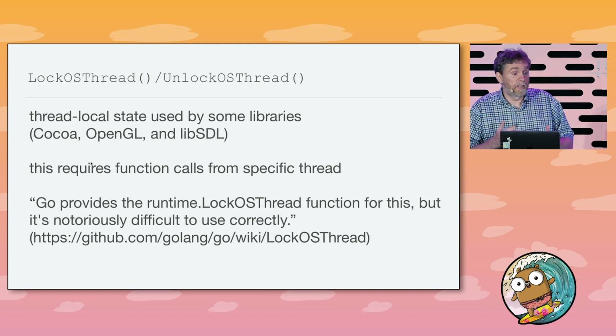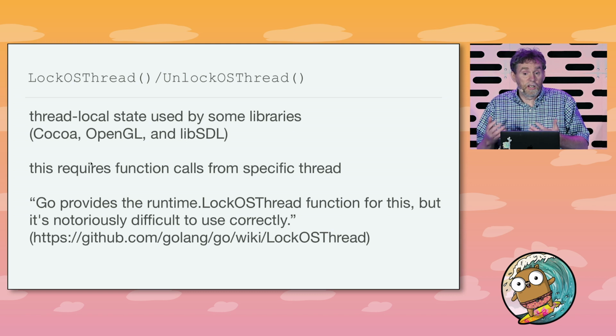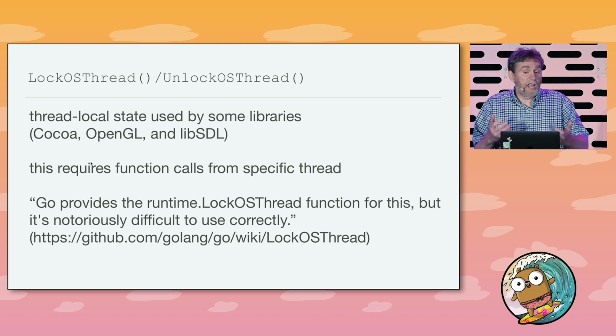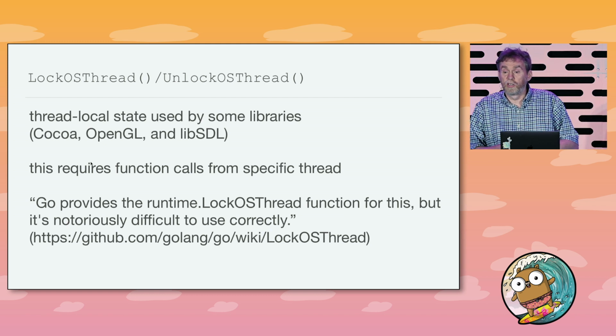So if you call things in that library, you need to ensure that when you call again, the state is there. It can't be that your goroutine started running on some other thread and somehow you lost the state. So that's one place you see this function used.